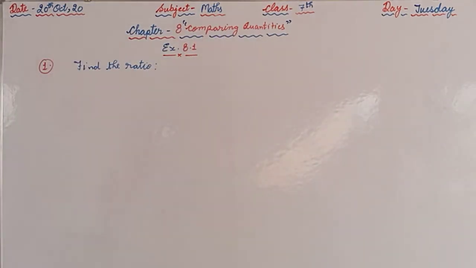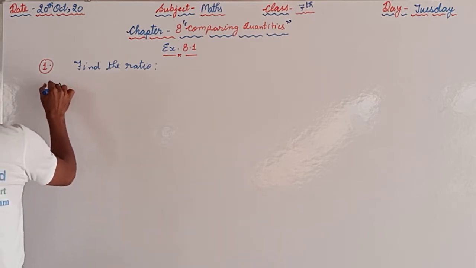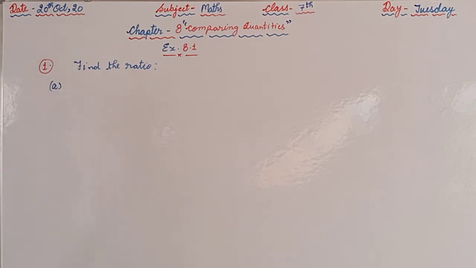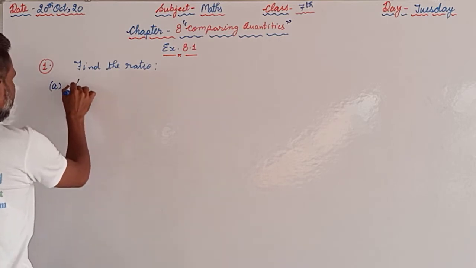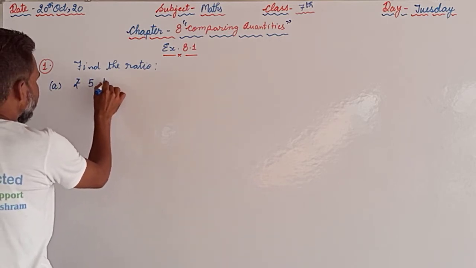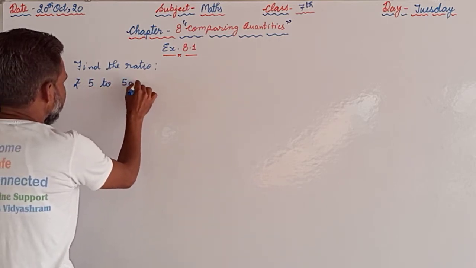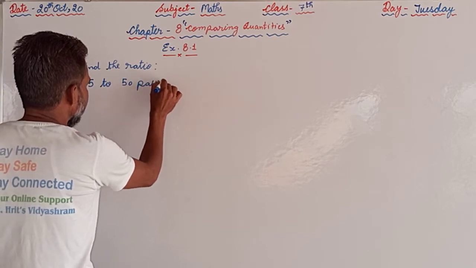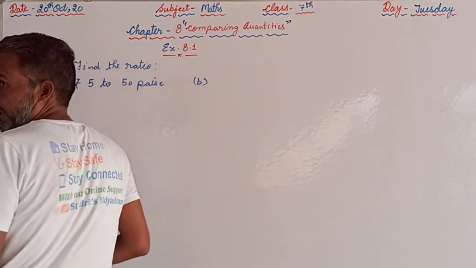So in the first question we are supposed to find the ratio, and the first part, A part, is rupees 5 to 50 paise. And the B part is there.